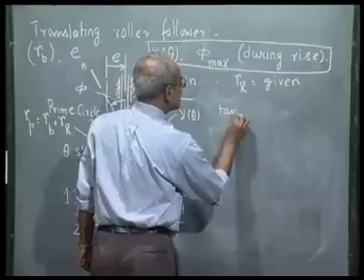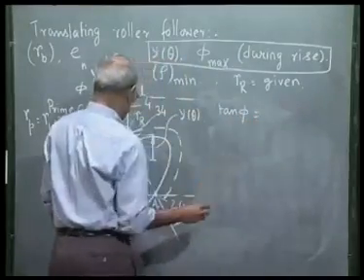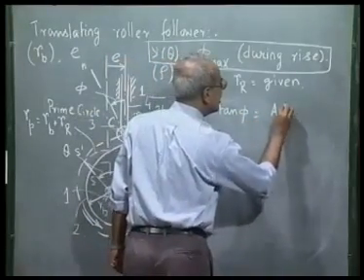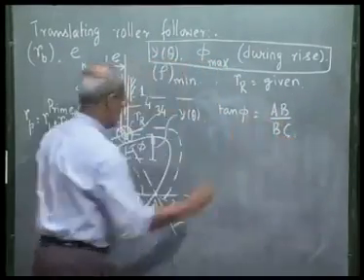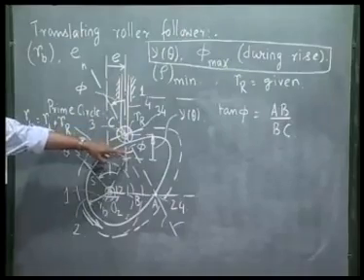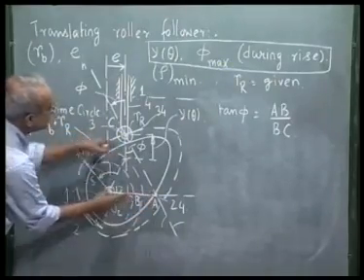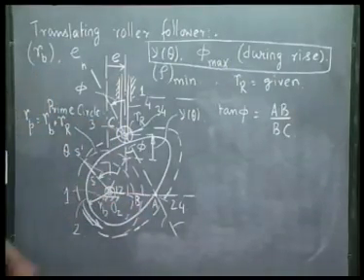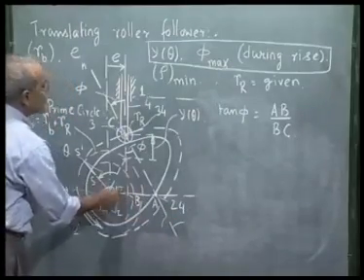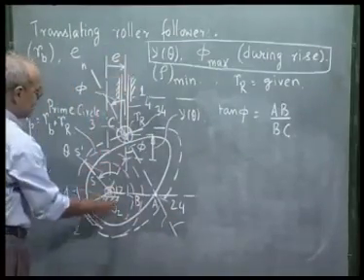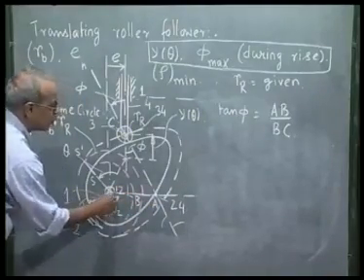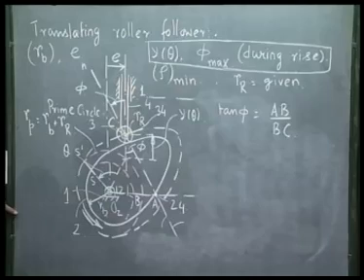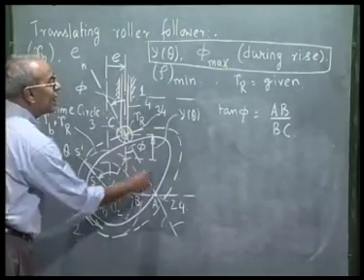If phi is the pressure angle, then tangent of this angle is AB divided by BC, where A is 2,4 and B is the point of intersection of the guide of the follower with the horizontal line through O2, that is the line joining O2 and 2,4.